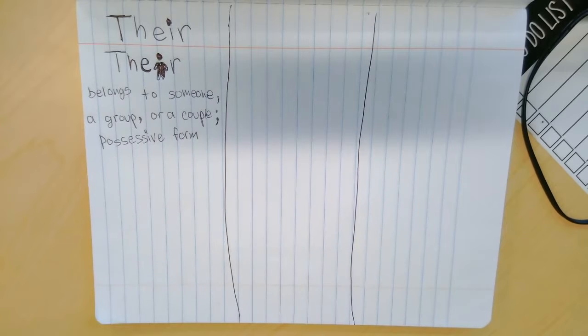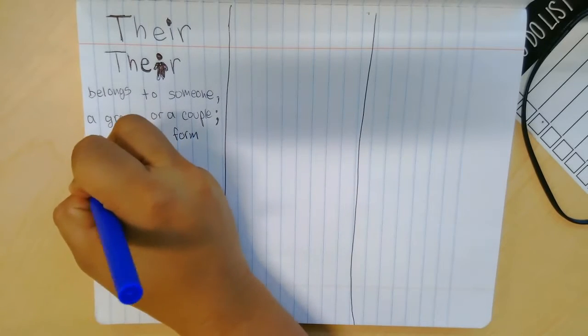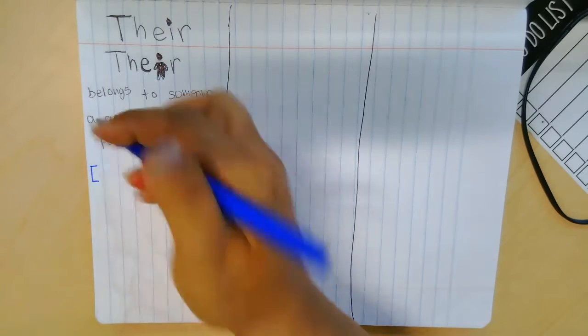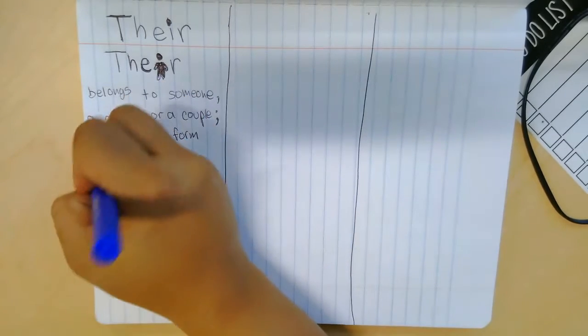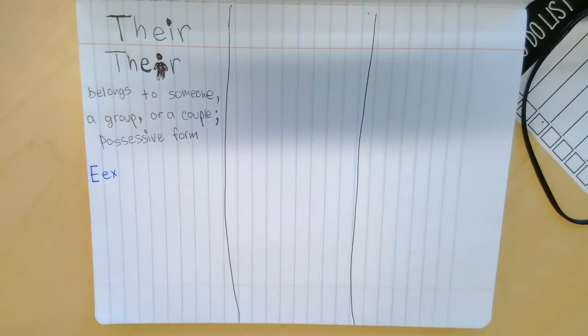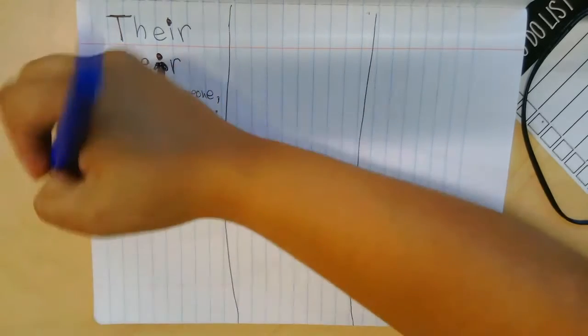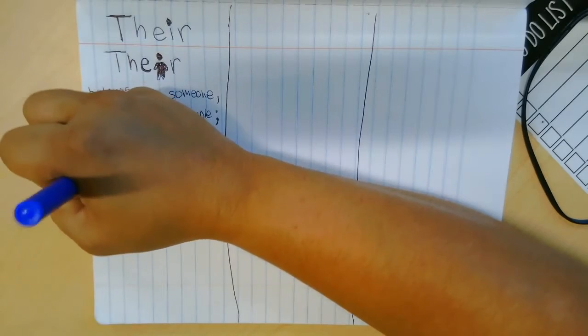And I'm going to write an example of this word in a sentence. So, example, and then down here we're going to draw a little picture. Example, oh, spelled that wrong. Let me get some white out. Actually, I'll just write it like this.